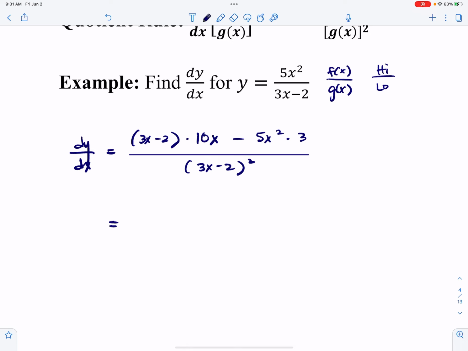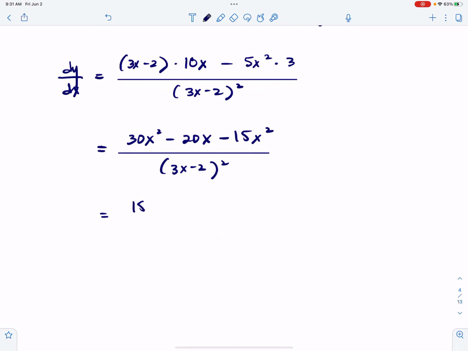Okay, and that's it. You can simplify. So like if we distributed that 10x, we would have 30x squared minus 20x minus 15x squared, combining like terms.